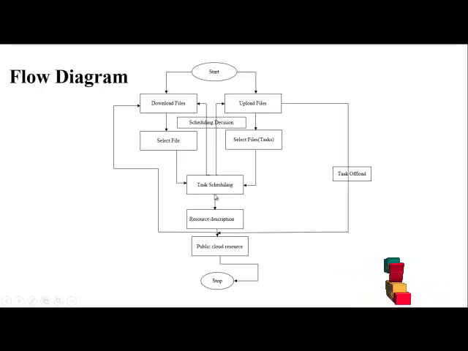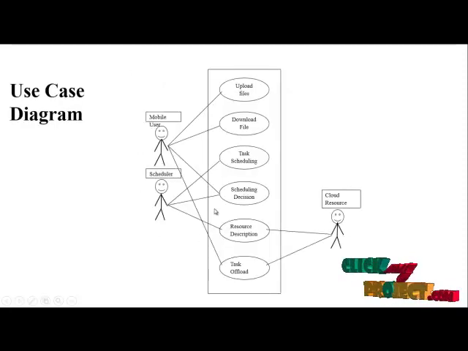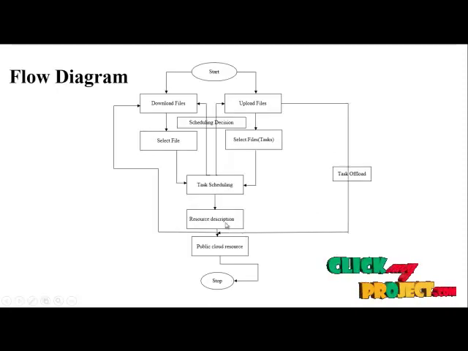After the file goes to the task scheduler, the scheduler allocates the job based on size to store on the cloud server. After the resources are described for the cloud server, finally the data is successfully stored on the public cloud server. This is the uploading process.